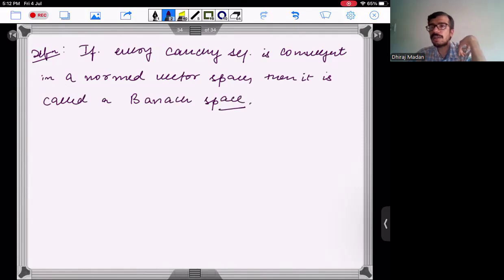So actually, I could have talked about this in terms of metric spaces also. Then we could have called it a complete metric space. But since we are always talking about norm here, and that's what is of concern to us, I'll talk about normed vector spaces. So if in a normed vector space, every Cauchy sequence is convergent, then it is called a Banach space.